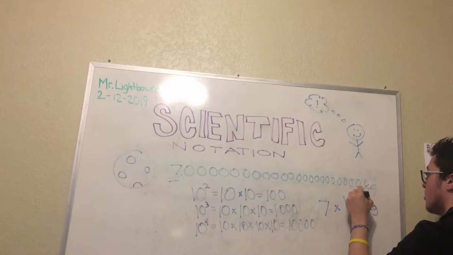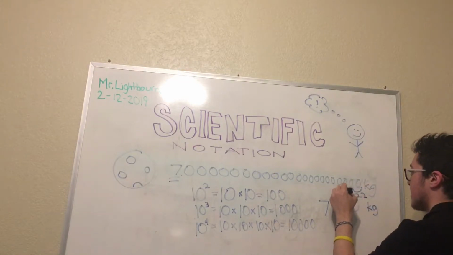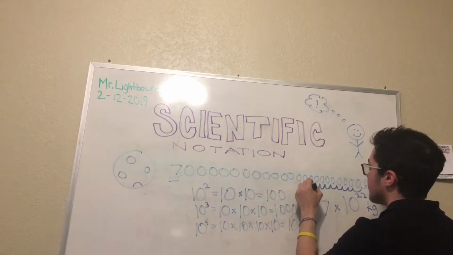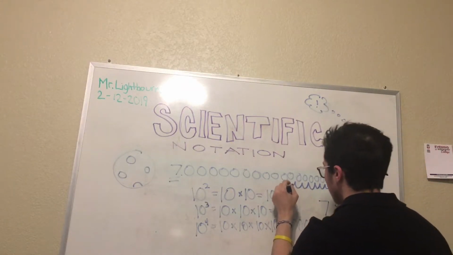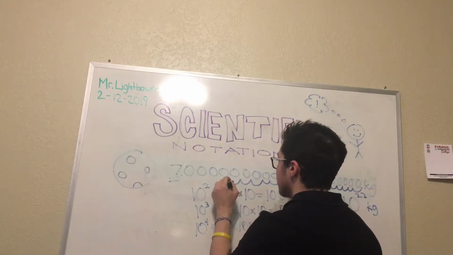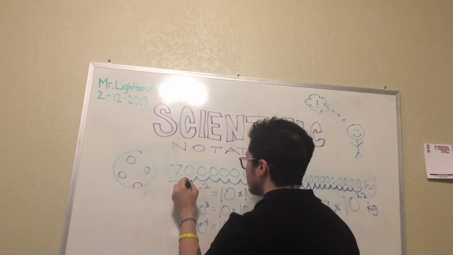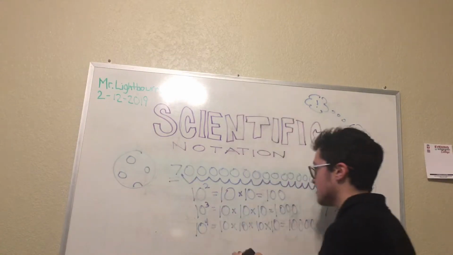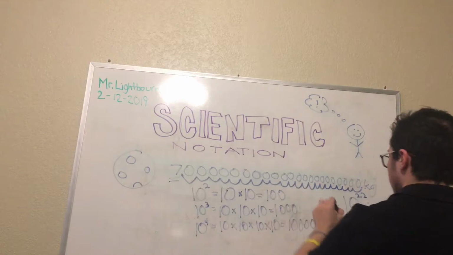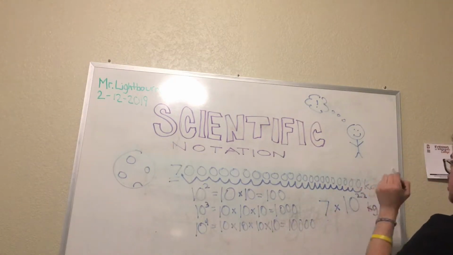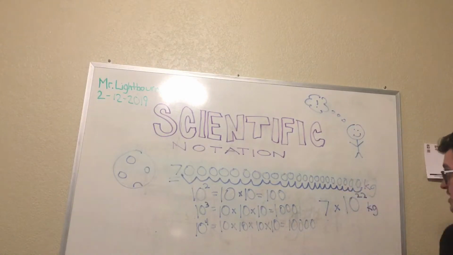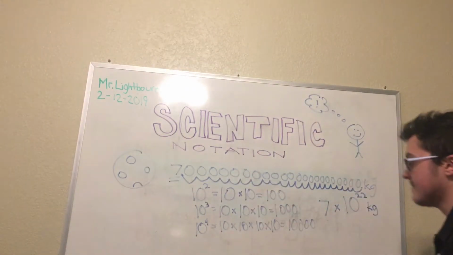So let's do it. 1, 2, 3, 4, 5, 6, 7, 8, 9, 10, 11, 12, 13, 14, 15, 16, 17, 18, 19, 20, 21, 22. Look at that. 7 times 10 to the 22nd power, because we move this decimal 22 times that way.